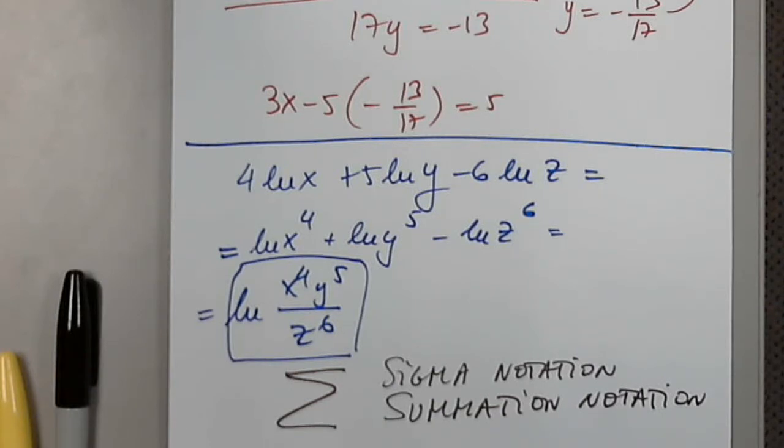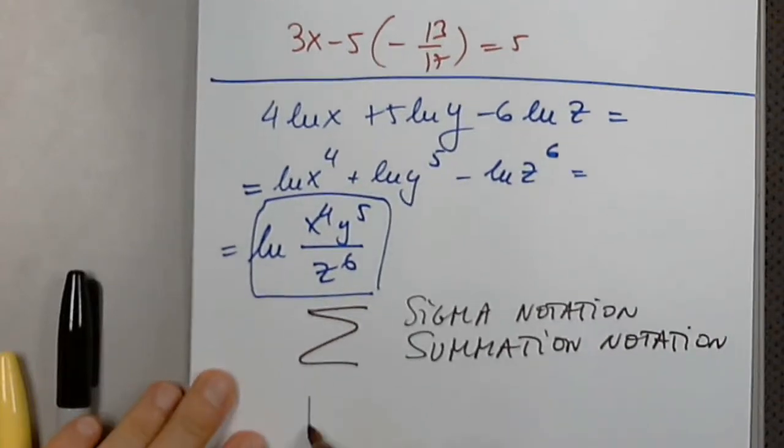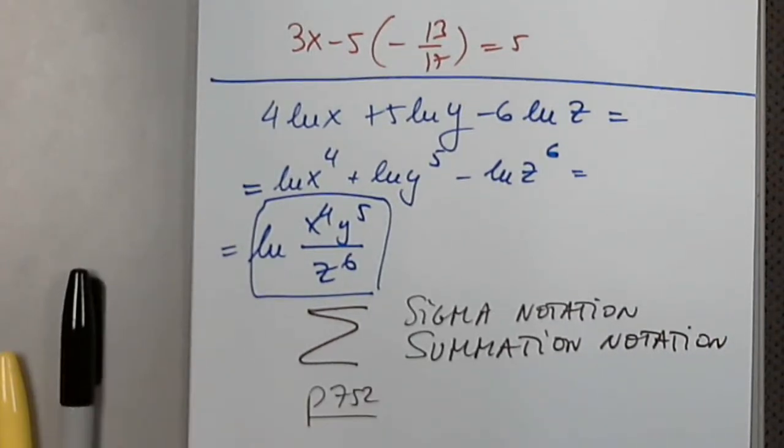So these problems come from 8.1. If you have your book, you can choose. If you don't want to choose, I will choose. So page 752. Do I get to choose, or you want me? Yeah, okay, very good.